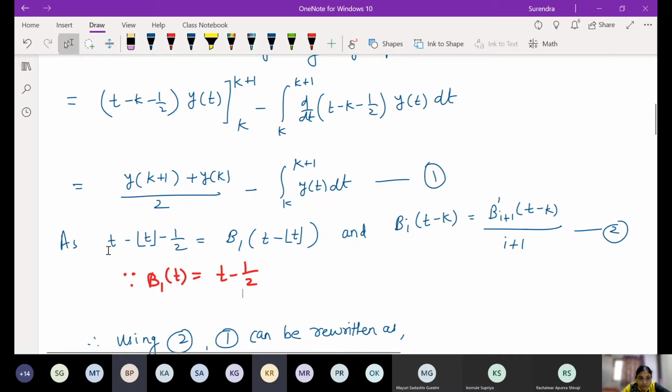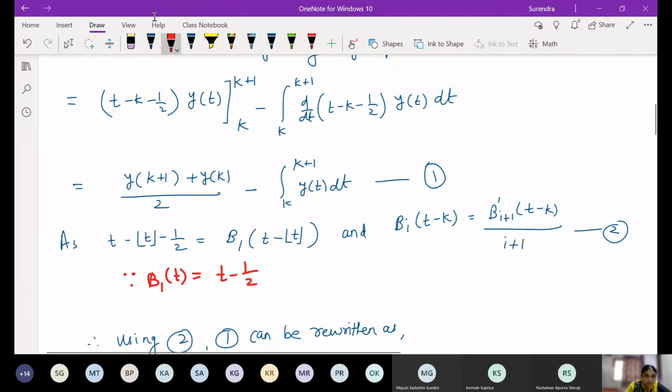So t minus floor function t minus half I can write as b1 of t minus floor function t. And b_i of t minus k, I have b_(i+1) dash of t minus k upon i plus 1. This formula we have already proved in the theorem, I think 2.9a.